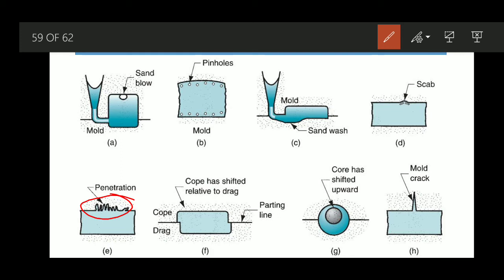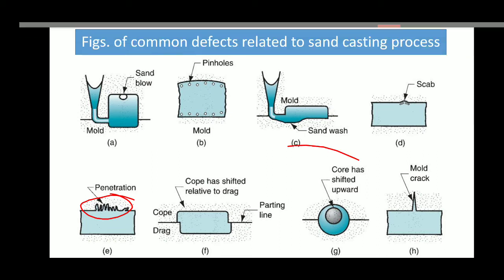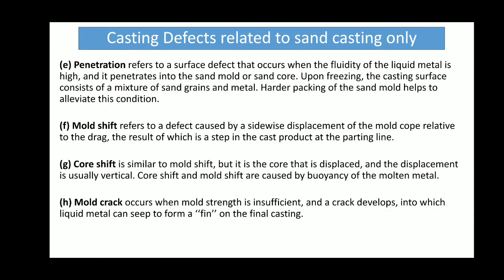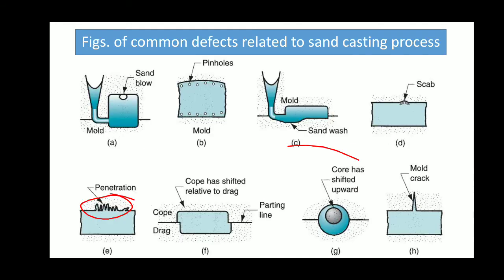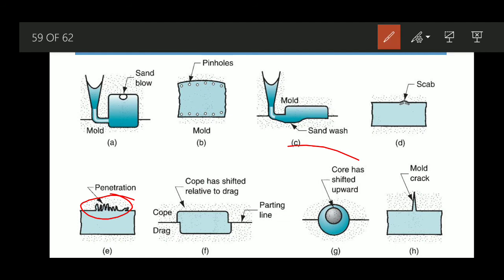So it's a problem. Similarly, we can have the core shift as well as the mold shift as the problem. So what is mold shift? It's a particular defect which is caused by the sideways displacement of the mold cope relative to the drag, and it results in a step in the cast product at the parting line.